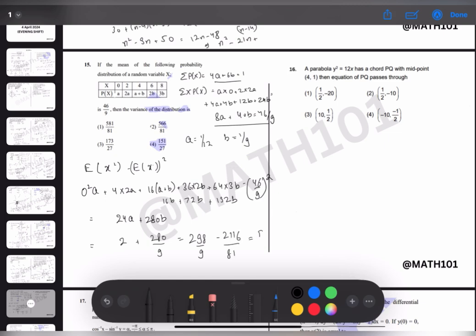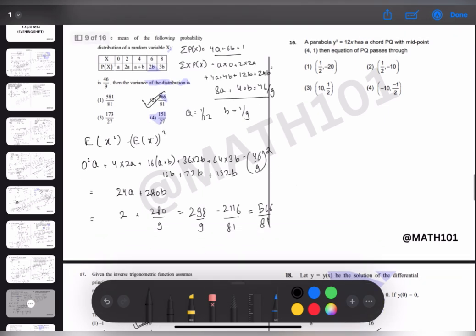The answer is 2. Moving on to the next question.